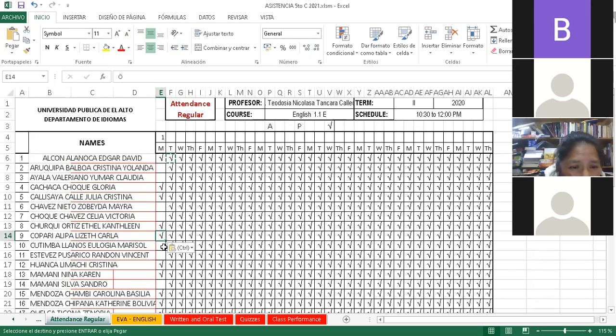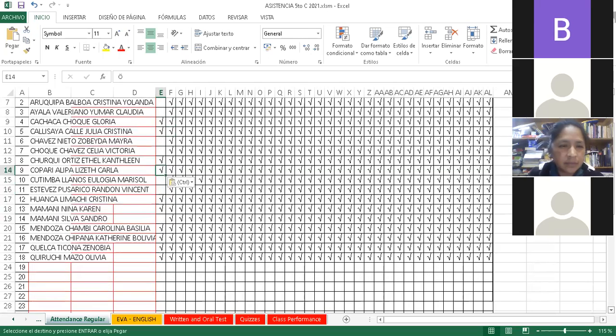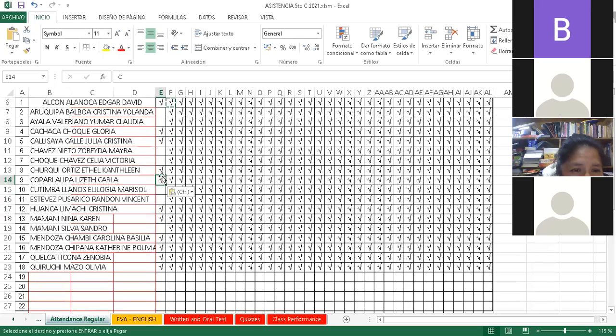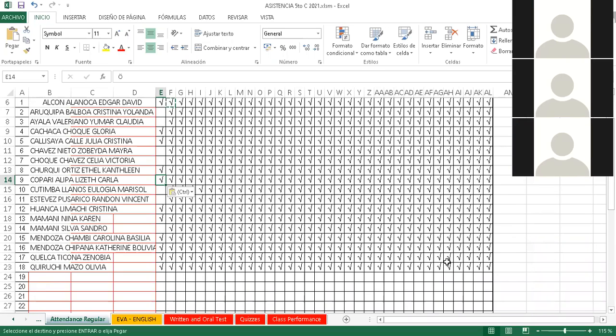Marisol Cutimba, Esteves, Celia, present. Sandro, present, teacher.